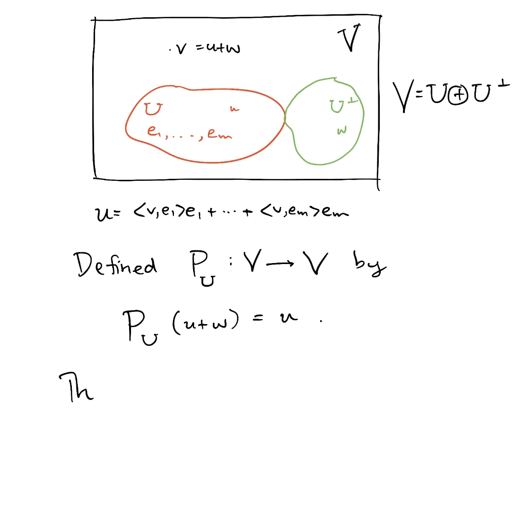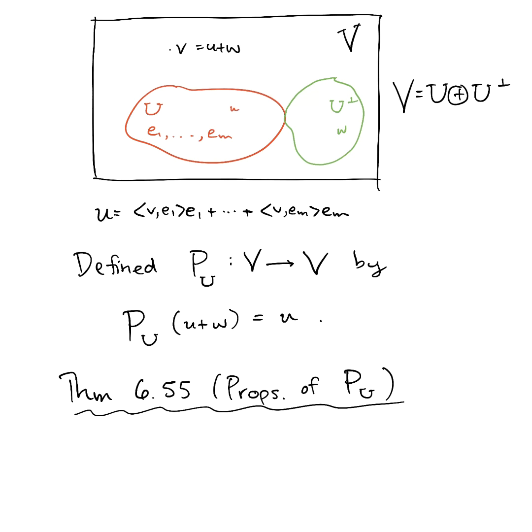So this is theorem 6.55, and we could call this properties of the projection. The whole theorem goes with that picture that we're looking at right now, and it's just got a bunch of parts.